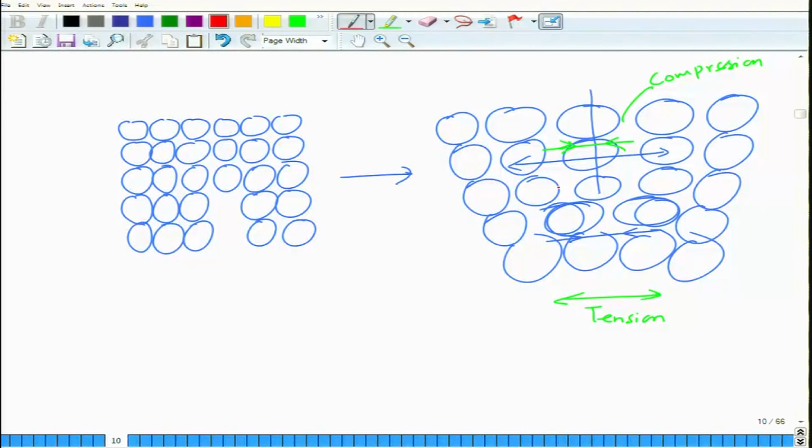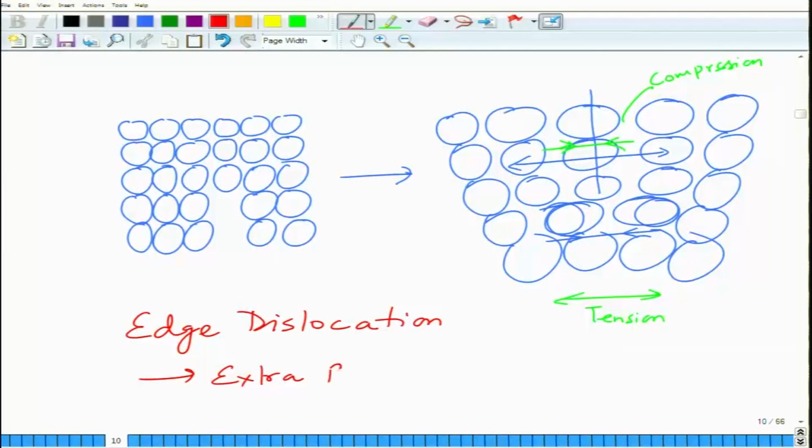So this edge dislocation is basically an extra row of atoms. If you have an extra row present on the top plane, it is called a positive edge dislocation.